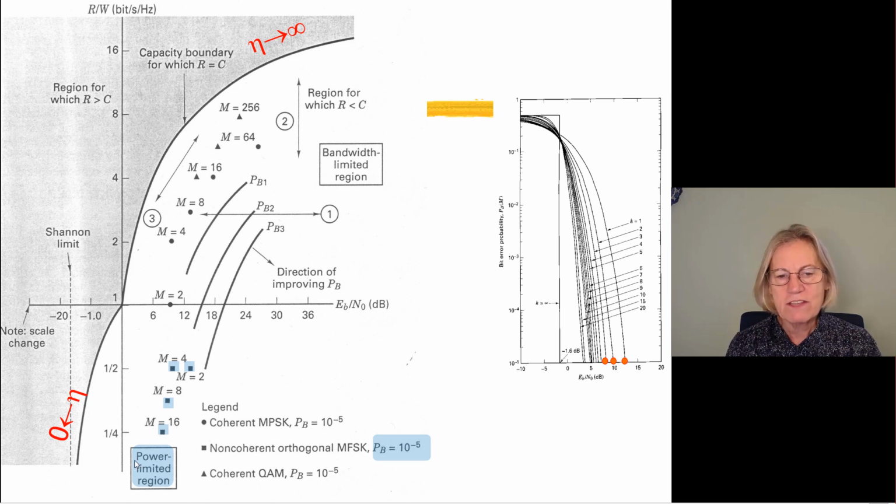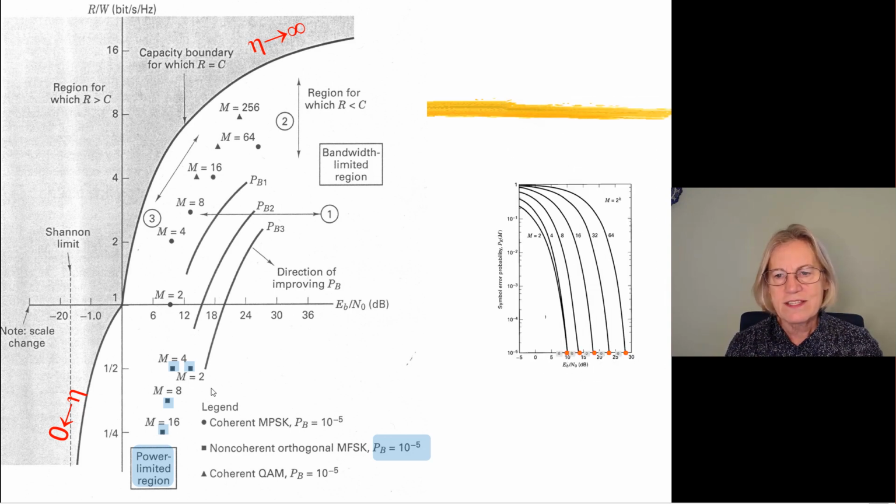Why? Because if we had a system that was limited in power but was willing to go towards sacrificing spectral efficiency, this would be a good place on this bandwidth capacity curve to look for a solution. Now we could do the same exercise with QPSK.